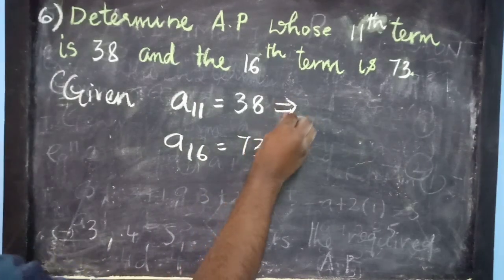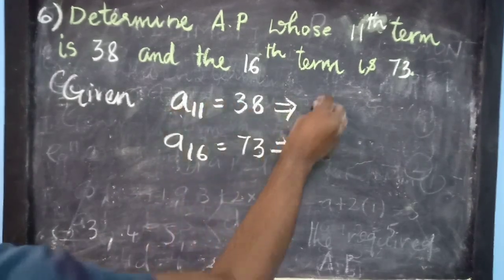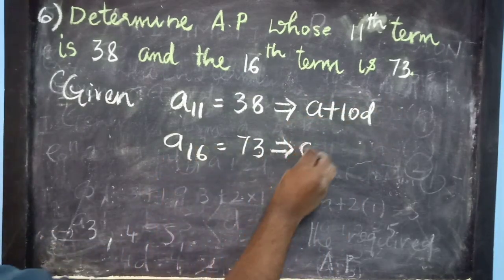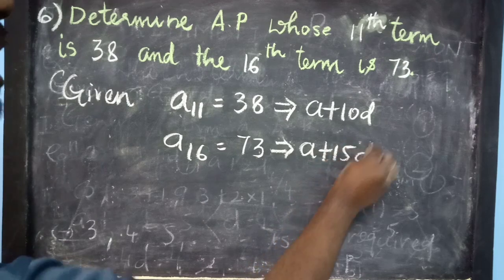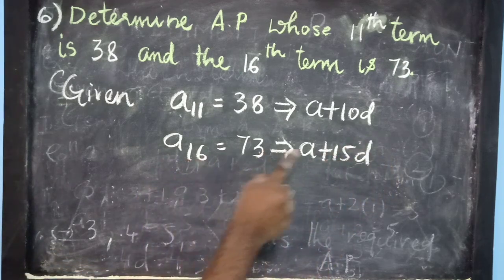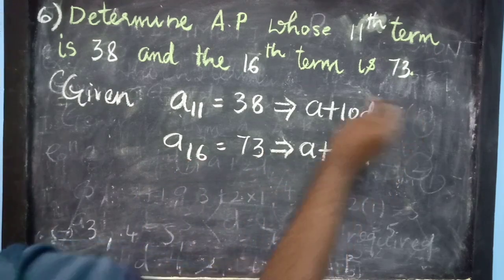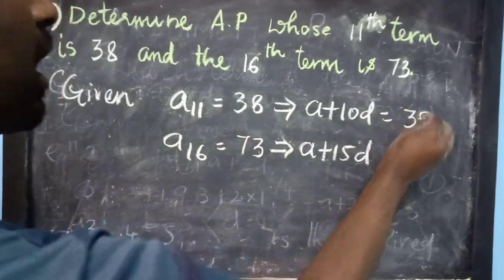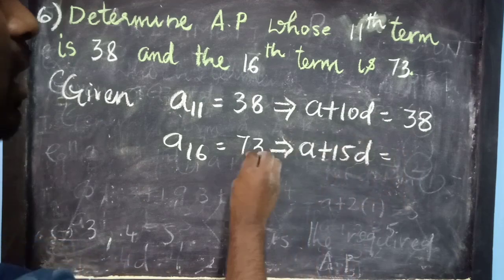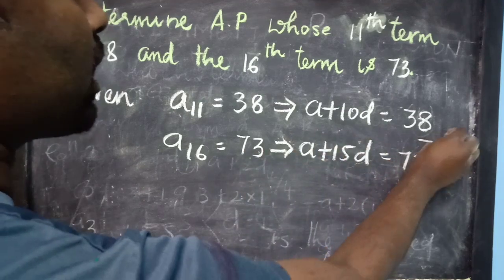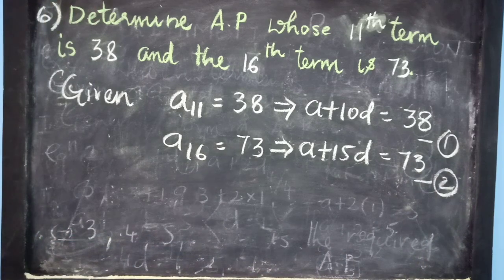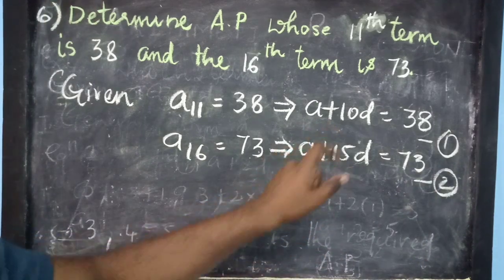Now I can write A11 as a plus 10d, and in the same way A16 as a plus 15d. So a plus 10d equals 38, a plus 15d equals 73. I'll take these as equation 1 and equation 2. This is a linear equation in two variables.